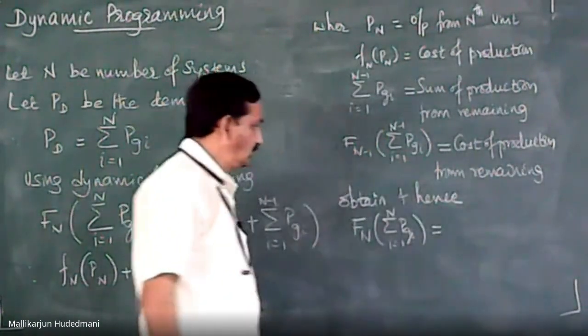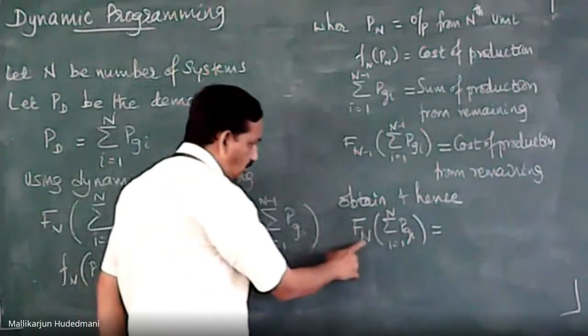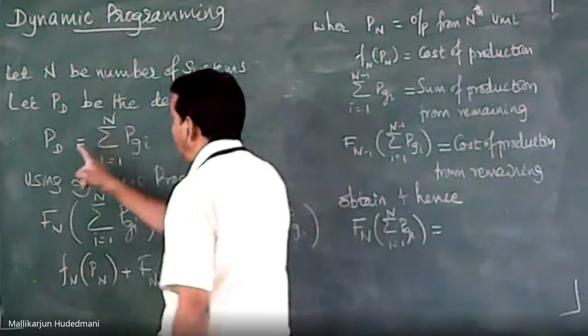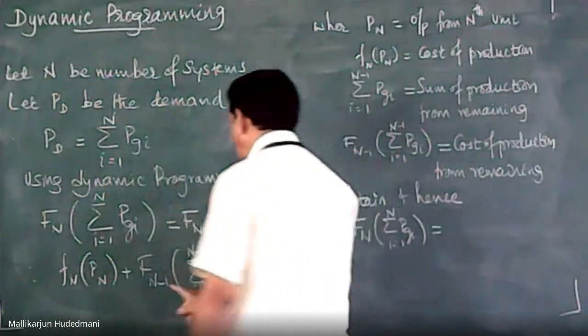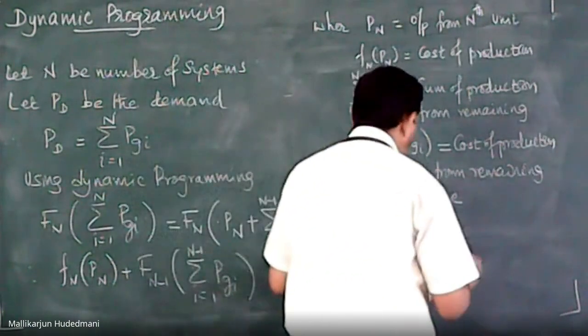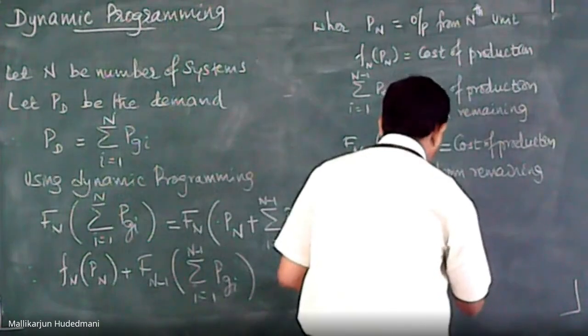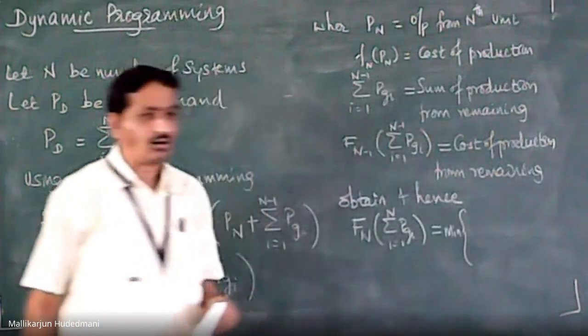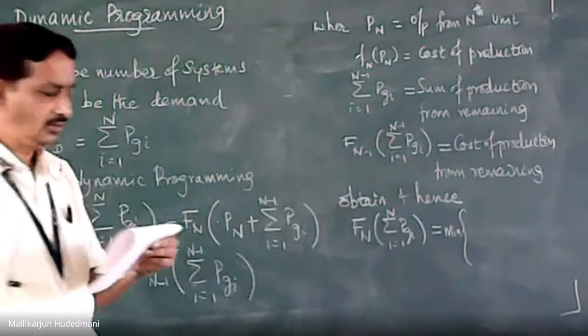Obtain, and hence total production cost for n units in this way for the demand PD is equal to, I write this, minima of, min of, you can see here, minima of, what's the term here?